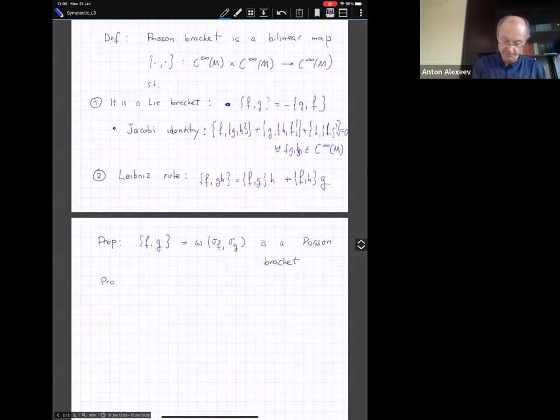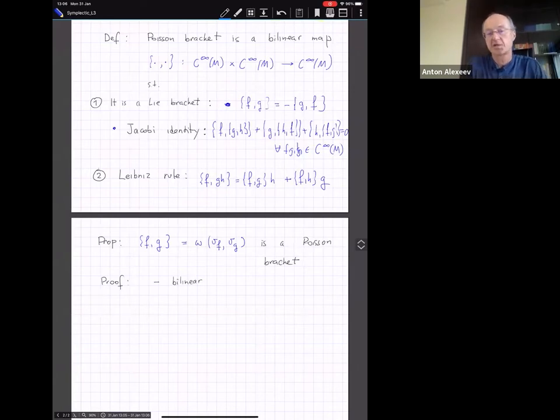So there is a proof, and there are several properties. Most of them are easy, and one of them is somewhat more difficult, and I will postpone the proof of the more difficult one.